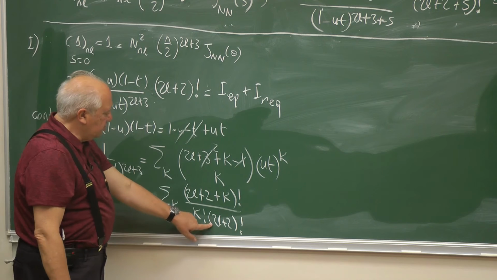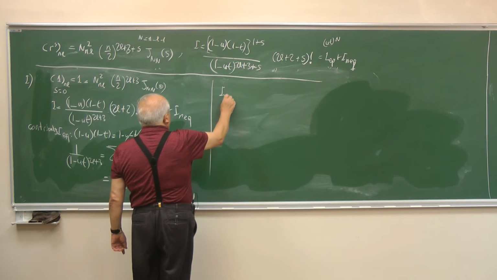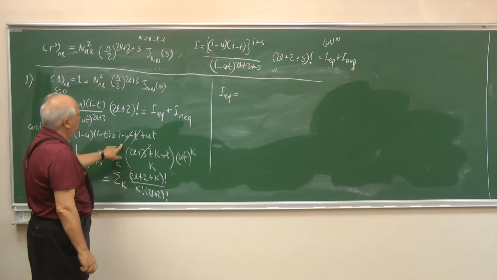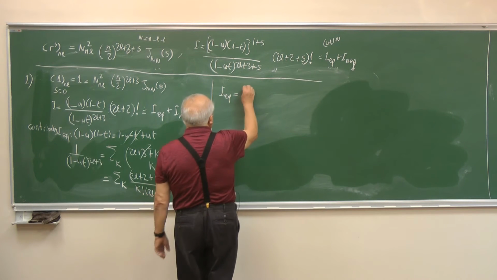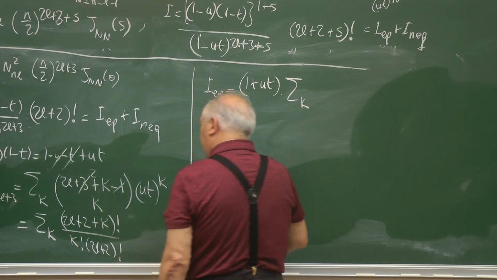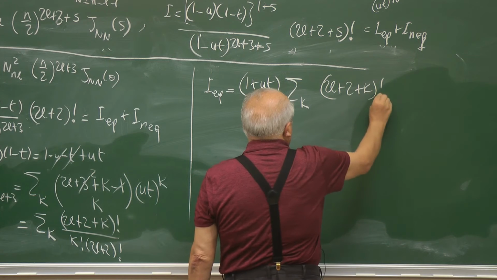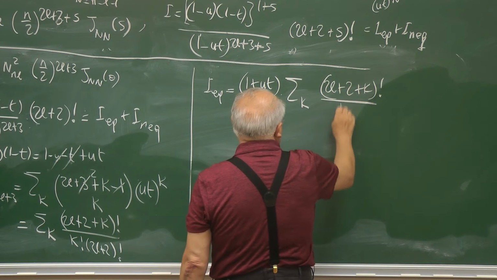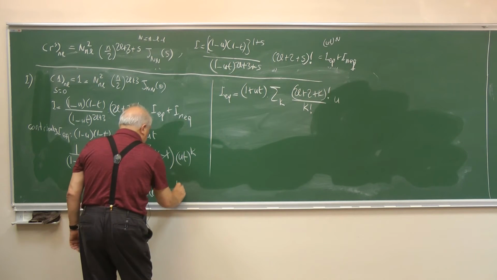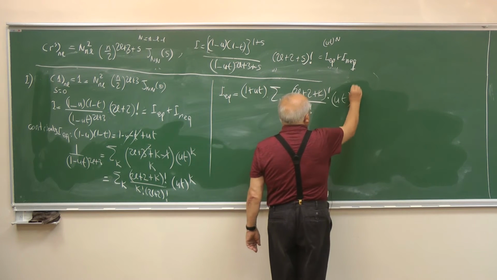Notice that this (2L plus 2) factorial will cancel with that. Therefore, the I equal powers terms will be (1 plus UT) times the sum over K of (2L plus 2 plus K) factorial divided by K factorial, times (UT) to the power K.